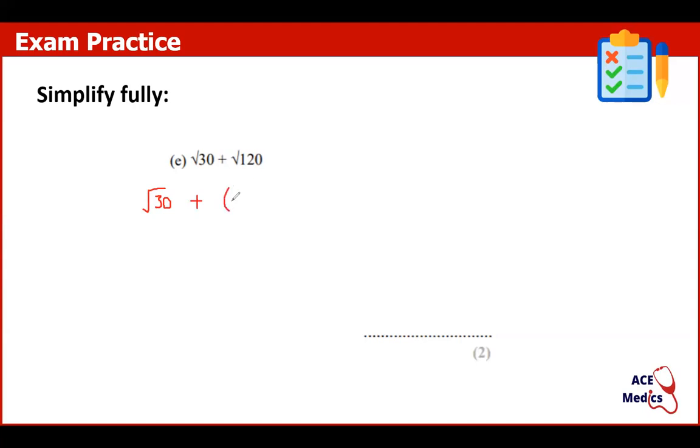Root 4 and root 30. 4 times 30 is 120. Root 30 plus 2 root 30 equals 3 root 30. Cool. Brilliant. Does that make sense? Yeah. Fantastic. Cool. Perfect. Brilliant. Okay.